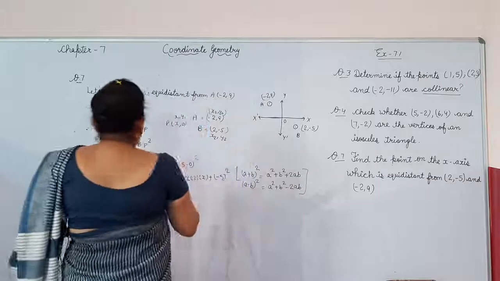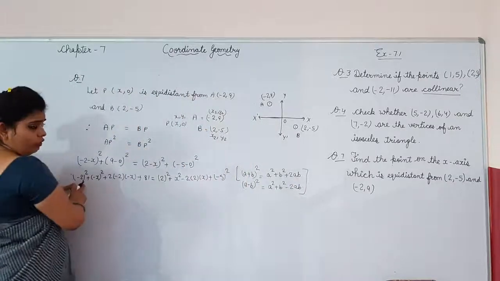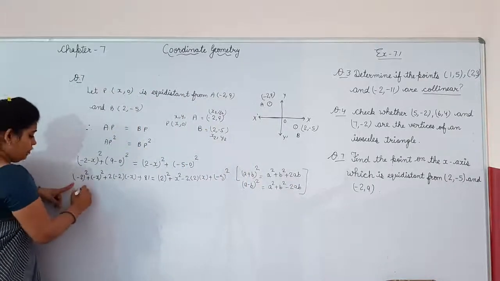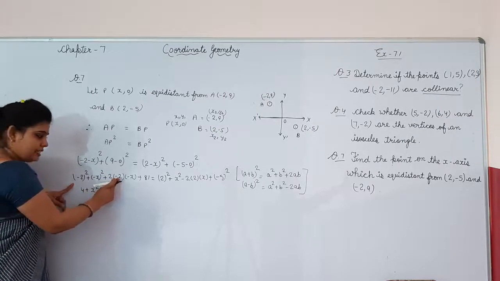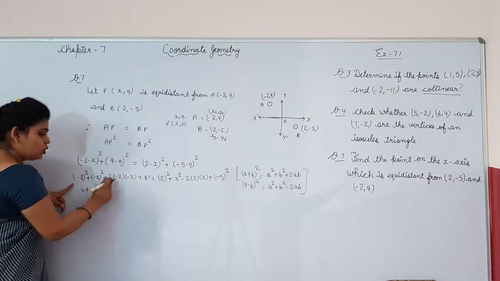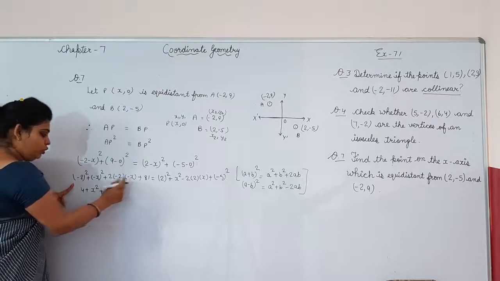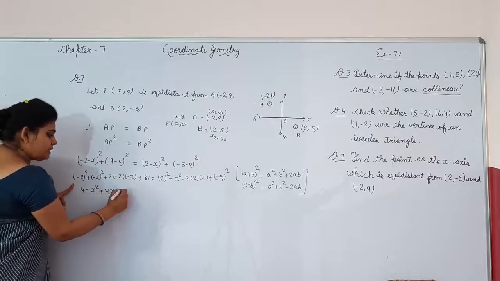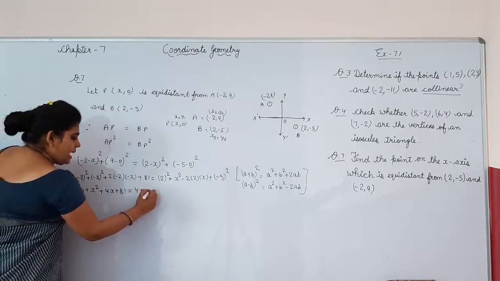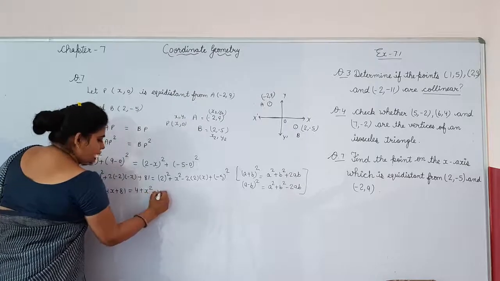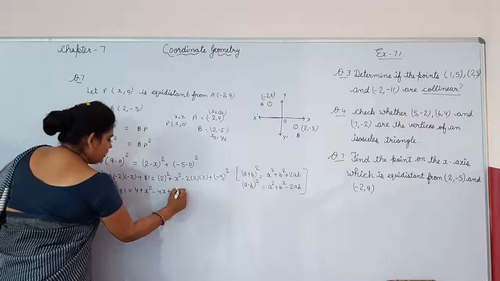Here minus 2 whole square is 4, plus x square, plus 2 twos are 4, 4x, plus 81 is equal to 2 square 4 plus x square minus 4x plus 25.